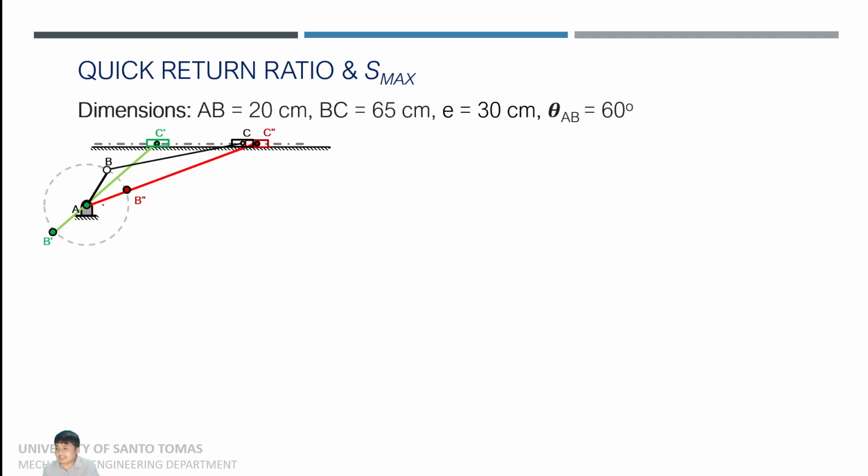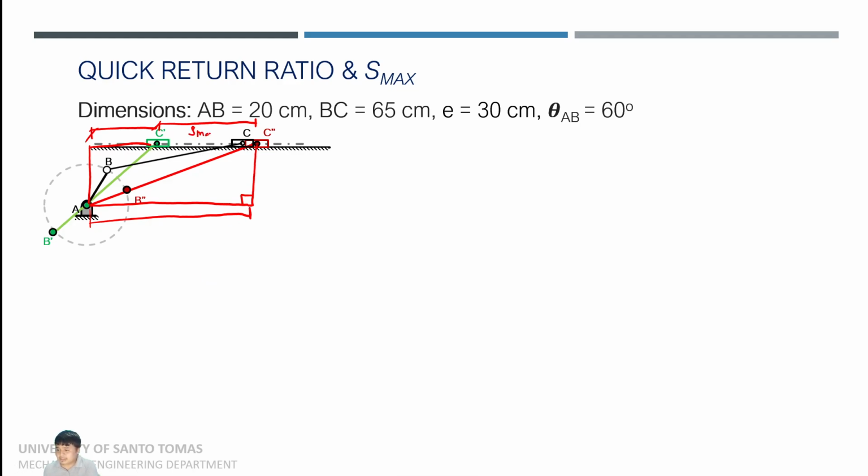So we can find this stroke by finding the length of this right triangle and also the length of this other right triangle. So you can find this length and then find this length, and then subtract these two lengths, you can find S max.